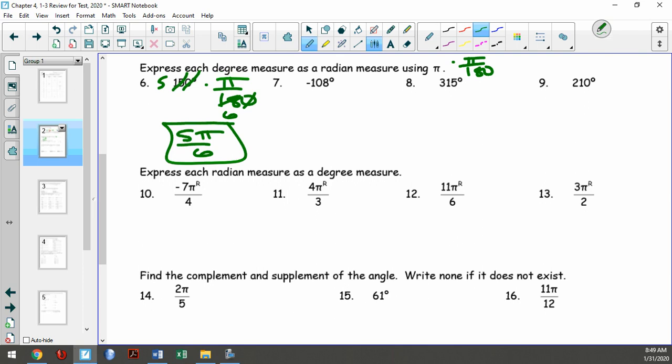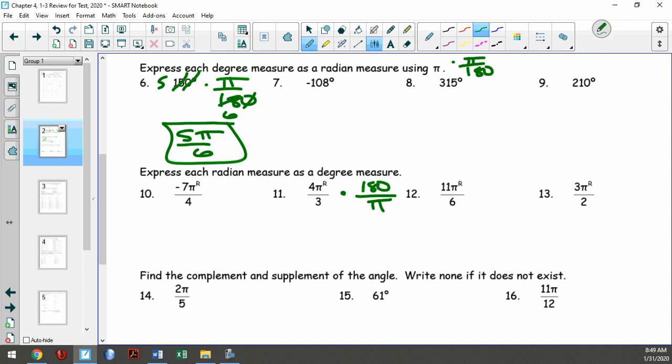What do you want to keep and what do you want to get rid of? You want to get rid of the degrees, so since you want to get rid of the degrees, it goes on the bottom. You with me? So if we're looking at 10 through 13, and let's say we're doing number 11, I want my radians to cancel out, so I'm going to multiply this by 180 over pi.